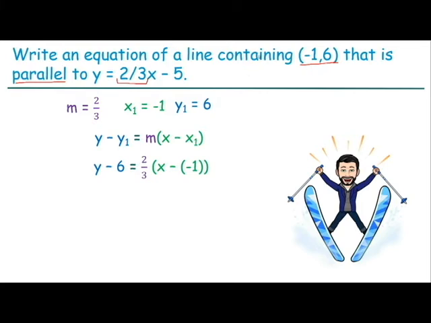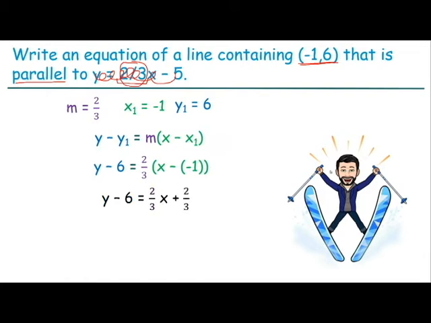Notice the hard part for us is realizing that this serves no purpose except to give me the slope. Once I have the slope, I ignore this completely because I have a point, I have a slope, I use the point-slope formula. And from here, it's really just a little calculation.